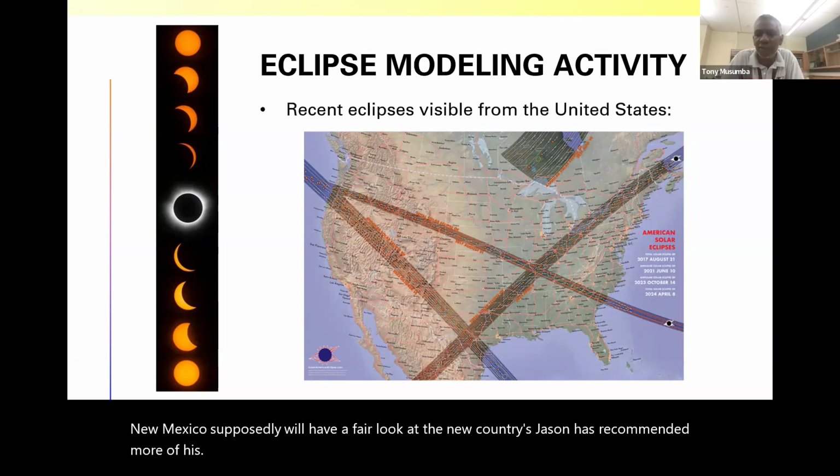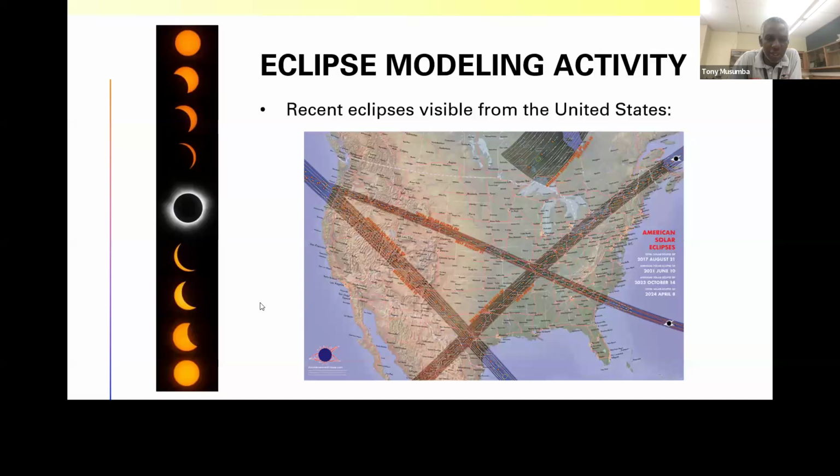I always like to go for the total solar eclipses, the big, great American eclipses, as we call it. So there's that 2017 one that is across America. I went to Wyoming.